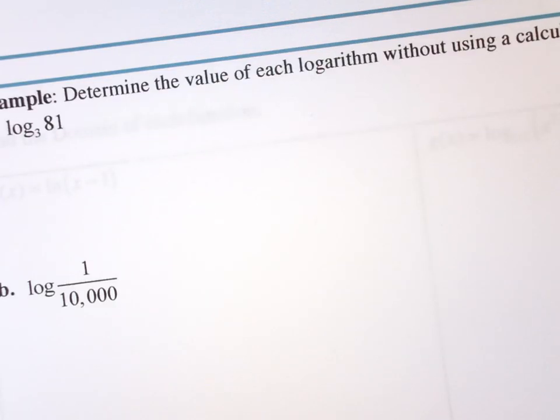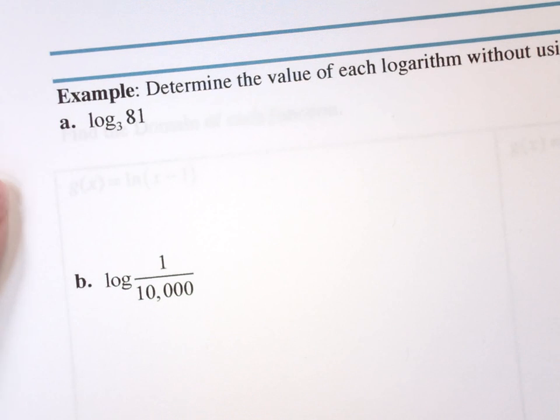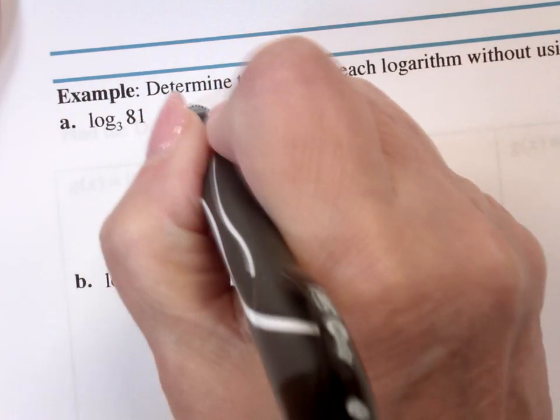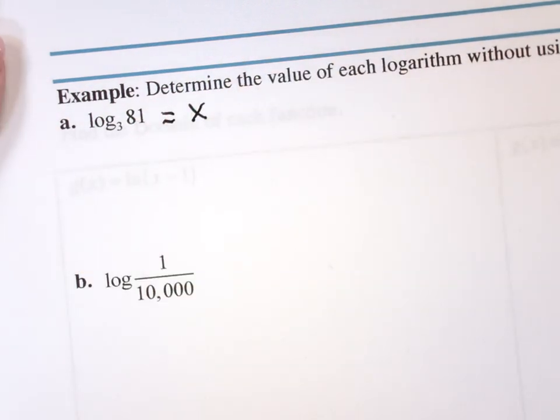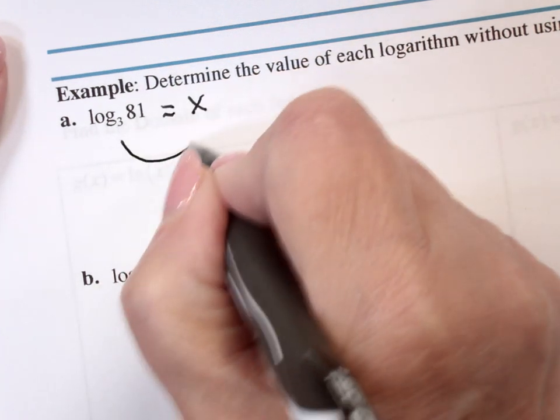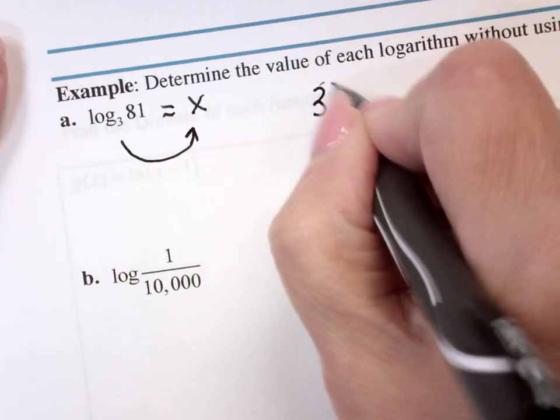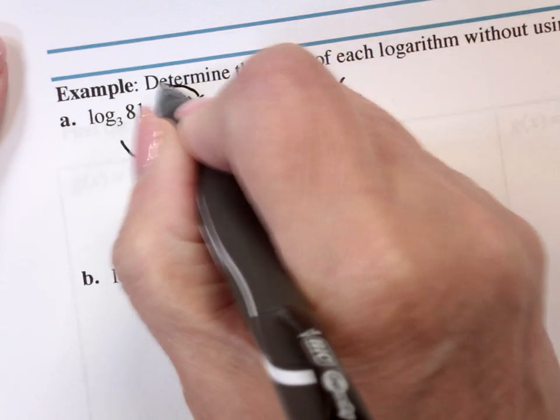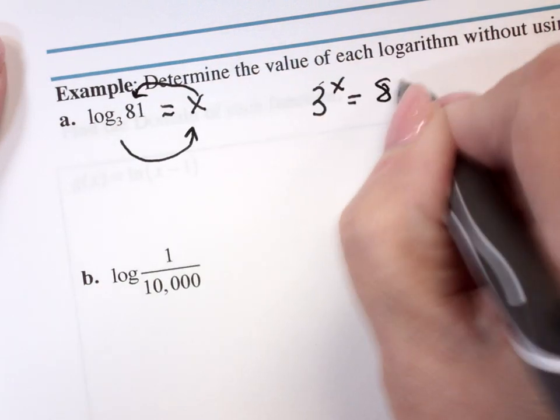It says to determine the value of each logarithm without using a calculator. Well, there's a couple of ways to come at it. What I normally do, I just set this equal to x, and then rewrite it. 3 to the x equals 81.